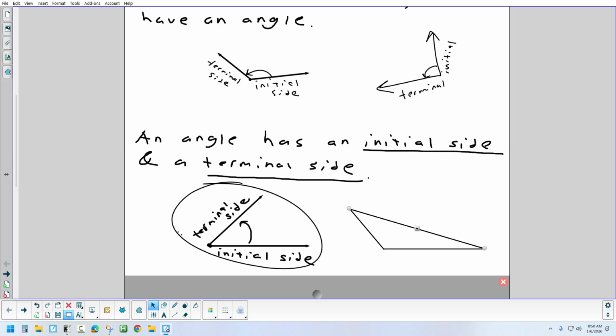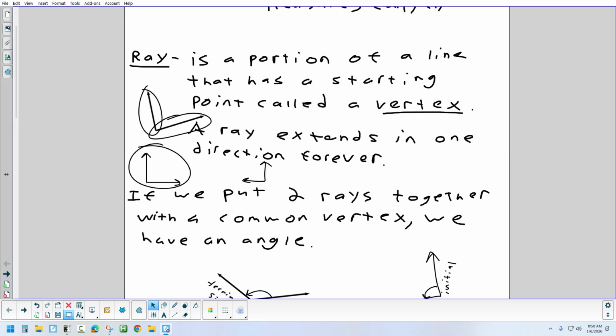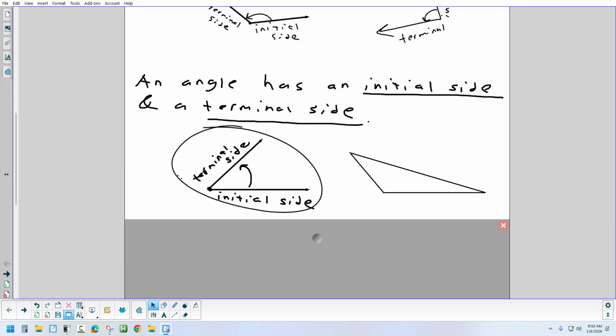So even though we wrote down the definition of an angle is when you have two rays at a common vertex, you can have two line segments with a common starting point if you're talking about a shape. Right? So when we talk about a polygon, generally an angle has two line segments. When we talk about an angle all by itself, it has two rays.